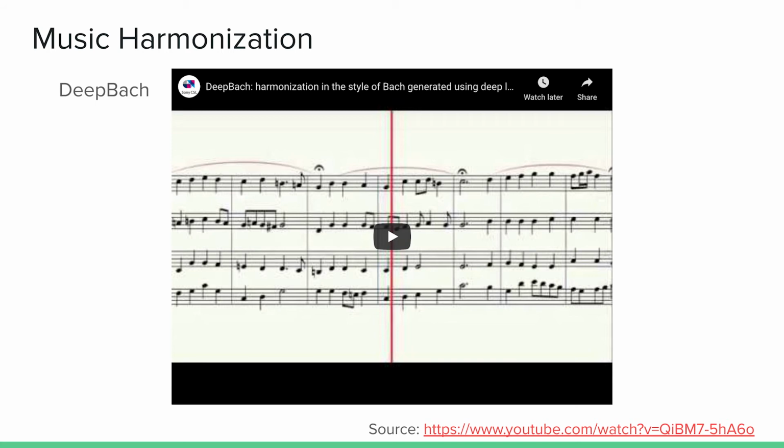In this case, there is a system called Deep Bach, and what they're trying to do is mimic the way how Bach wrote his compositions, or basically how Bach sounds. That's more accurate. So they take the melody of a piece by Bach, and then the system generates all the other voices. And what's really interesting about this, we're going to listen to it first, and then I'm going to tell you something really, really interesting.